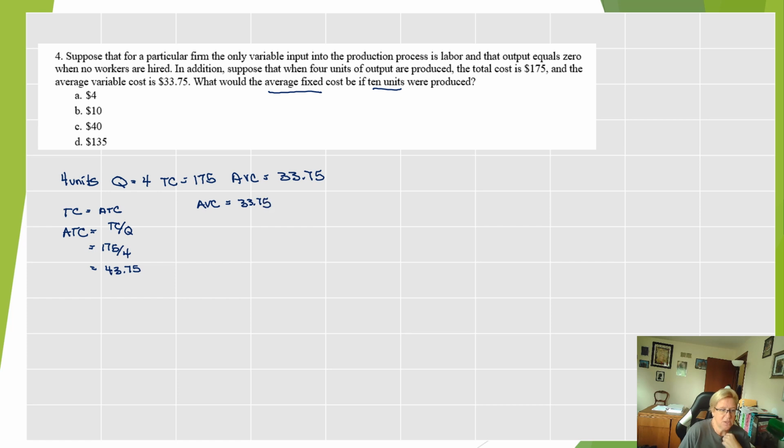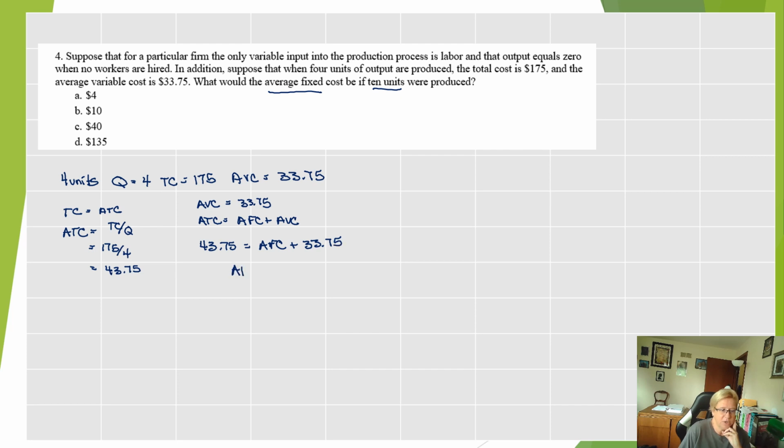We're given the average variable cost equals 33.75. So we know that average total cost equals average fixed cost plus average variable cost. So our average total cost here, 43.75, is equal to average fixed cost, which is what we're trying to solve for, plus 33.75, or the average variable cost.